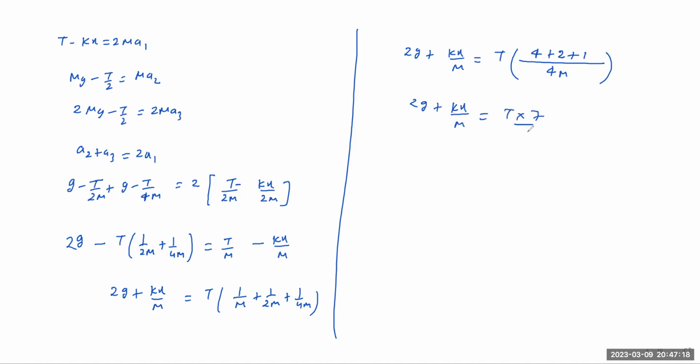This is correct only. So 4 to the 8 and g by 7. No, this is correct. So nothing is wrong. So every answer, okay, I think only one answer will match.